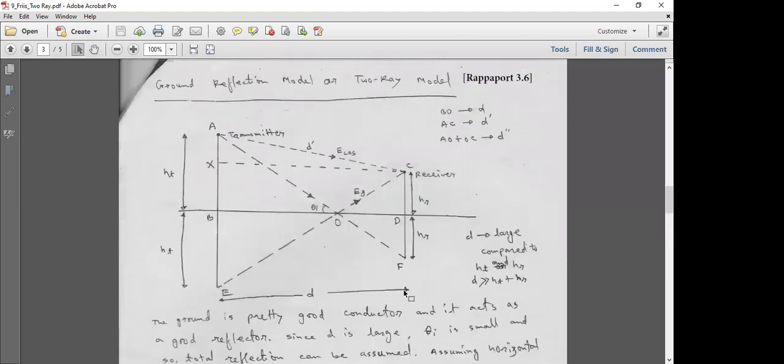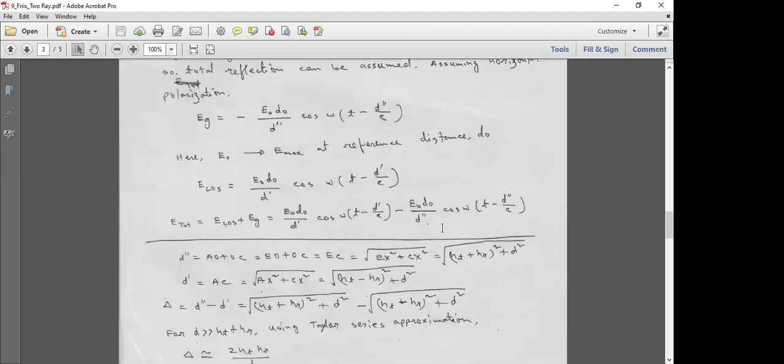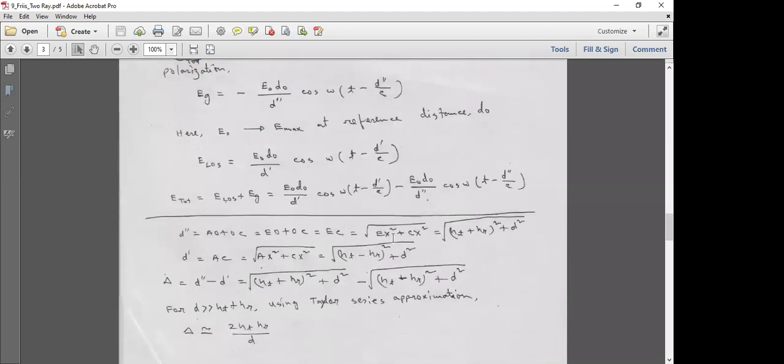Now CX is actually the distance d. It's equal to BD, the distance d. And EX is actually EB plus BX, where EB is equal to AB or HT, the transmitter height, and BX is the receiver height, HR. So we get EX as HT plus HR whole square, and then d square for CX square.